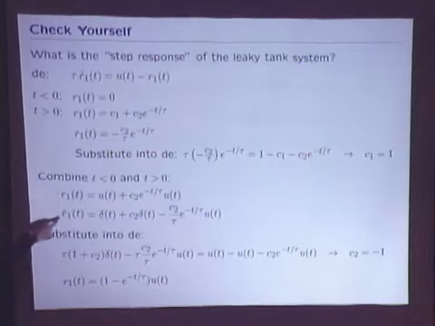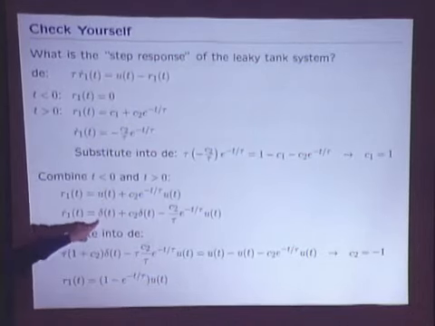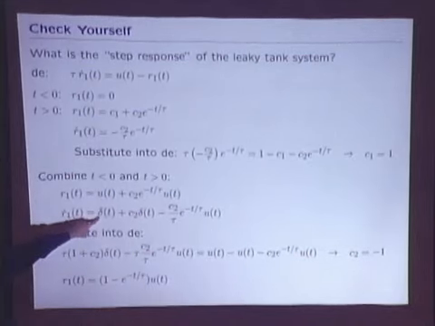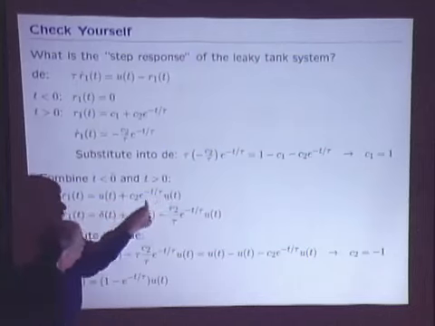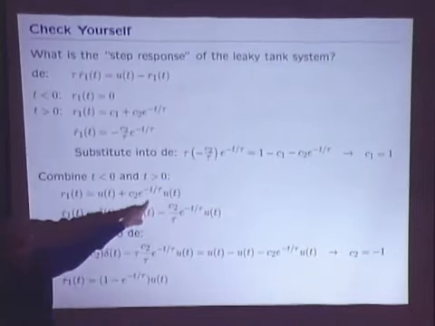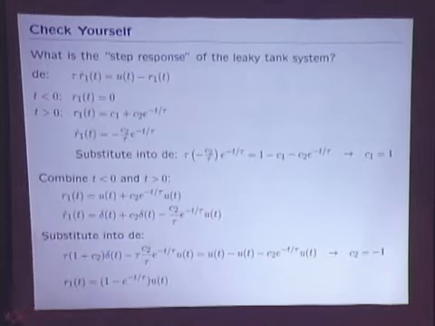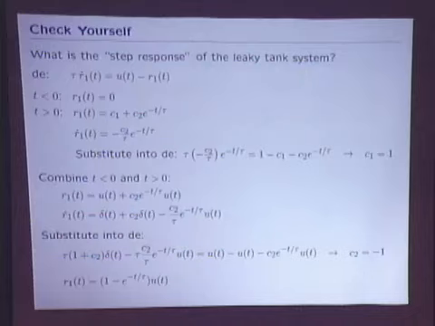That total answer better have the property that it solves the differential equation for all time. Nod your head yes, it'll make me feel like I'm doing a fantastic job. The only trick there is thinking about how you differentiate a unit step function. The derivative of a unit step function is the delta function. The derivative of one of these things, which looks like a product of something that exists for all time and something that turns on at 0, is just the product rule: the derivative of the first times the second plus the second times the derivative of the first.